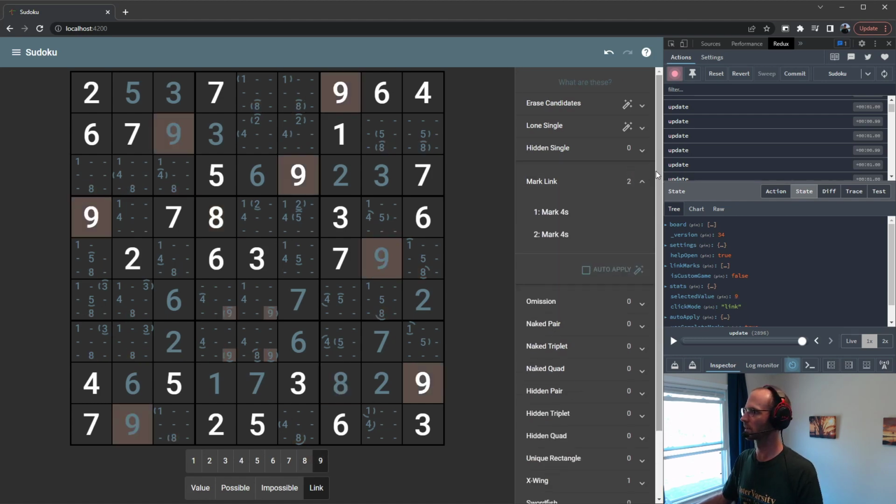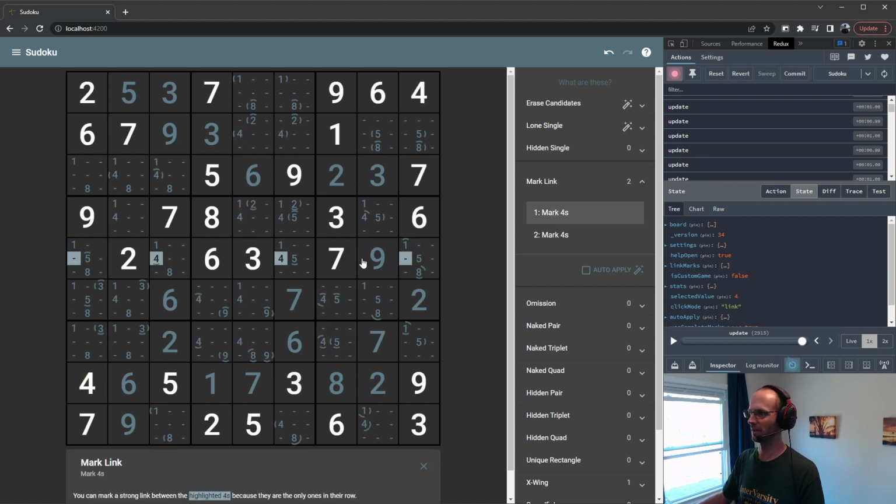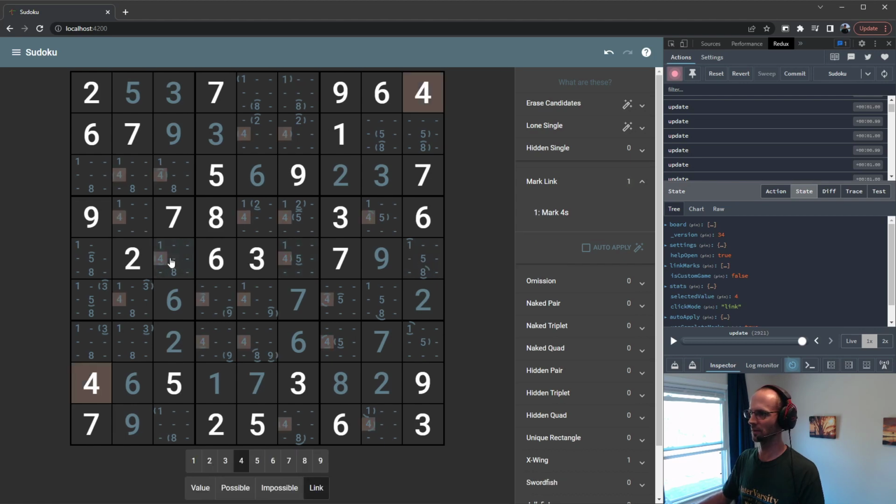What am I missing? On 4s. Marked. Marked. Marked. Oh man, I'm gonna pop open that help and feel really dumb. Huh. That row. Okay. Oh, so I'm looking at all the rows. I don't see any more.